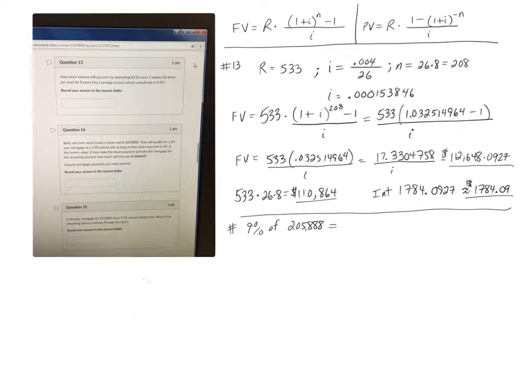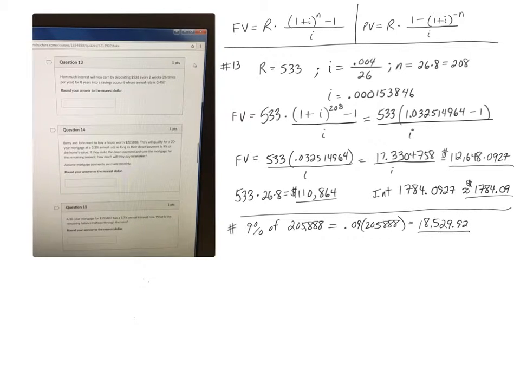So let's find out what 0.09 times 205,888 is. And that is $18,529.92.